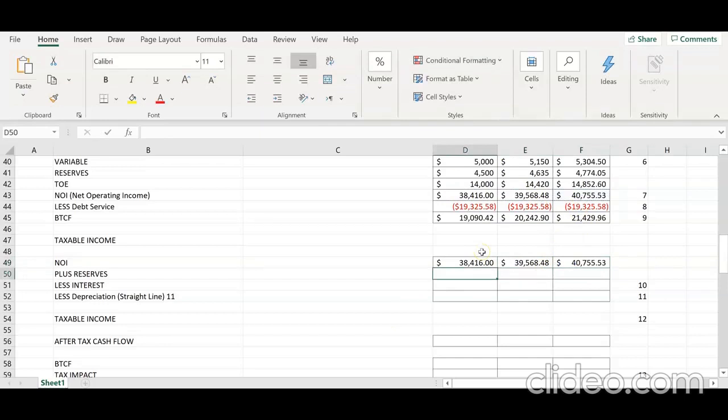For the plus reserves, it is going to be equal to the previous cells of reserves. Same for the rest.